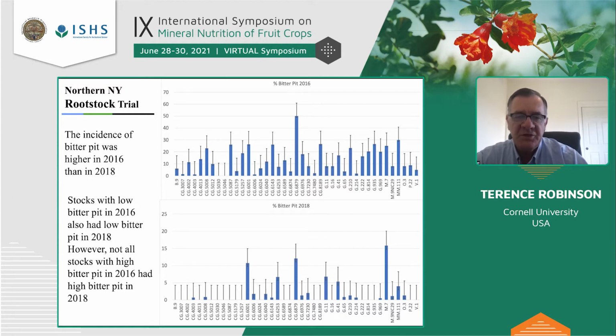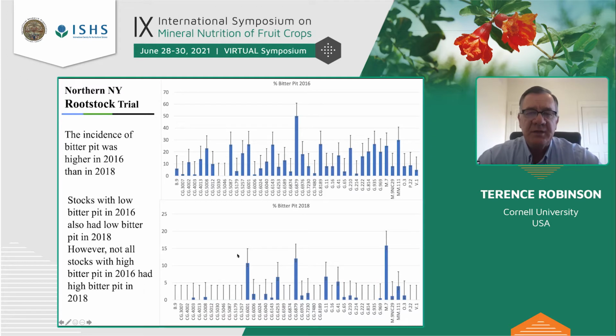They're titled CG and then a number. Then are a series of released Geneva rootstocks, starting with G11 and then going on to several others in numeric order, followed by other rootstocks from around the world, M7, M9, the NIC29 clone, MM111, Ottawa 3, P22, and Vineland 1. The two graphs have the rootstocks in the same order.